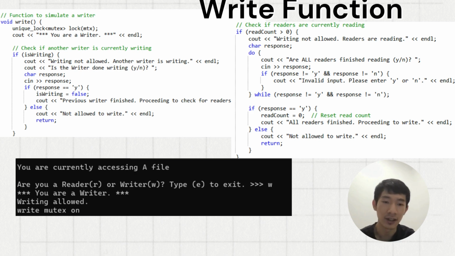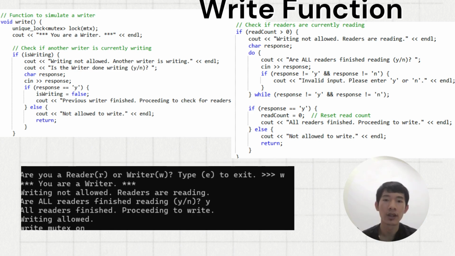If the user is a writer, they will input W, which indicates writer, and the system will tell them that they are a writer. If there are no other readers, then writing is allowed. But there are a few differences that I will mention in the next slide.